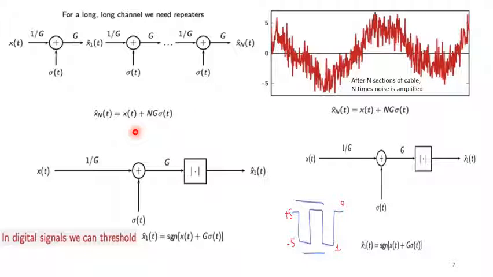So let's take the example of a discrete time signal. If we have a discrete time signal and we transmit it, again it will suffer the same two problems, attenuation and corruption by noise. So we can write the received signal, for example, at this point, because we are also using a repeater with gain g.